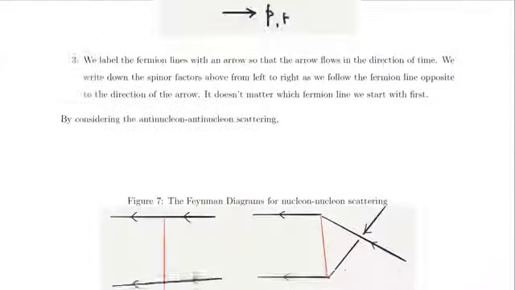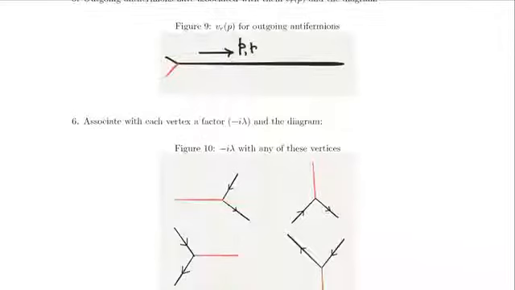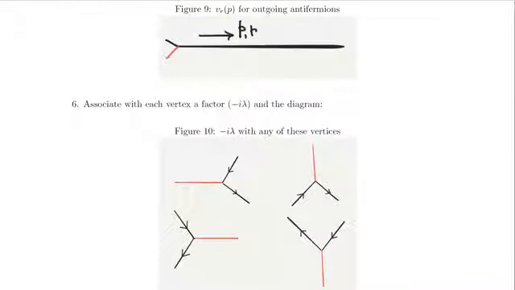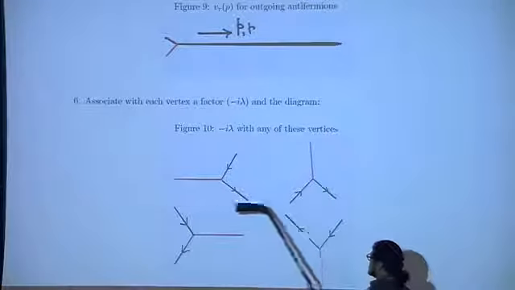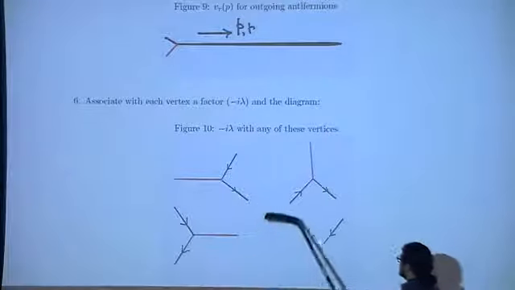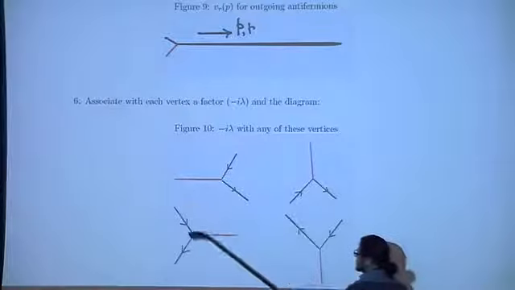So these are the -iλ vertices that you associate with all of these, where time is going right. Is there anything I've forgotten? You could just switch this with this, right?